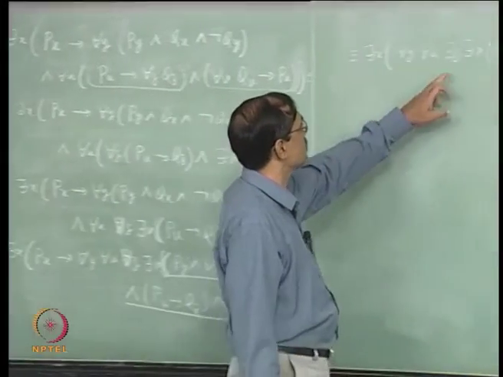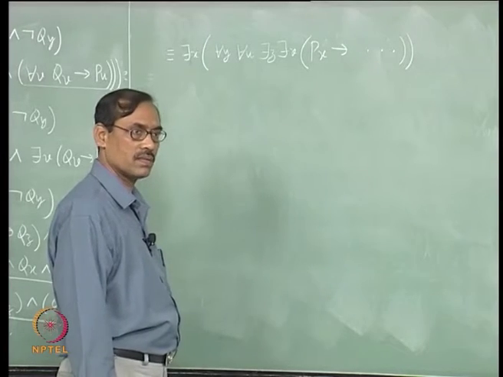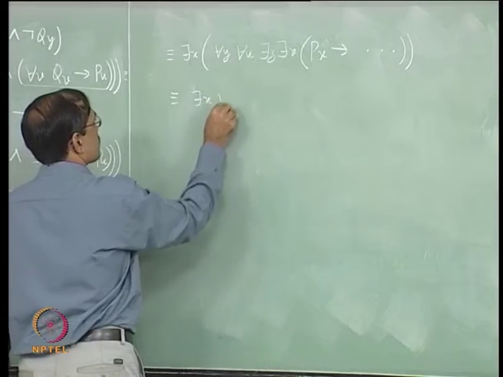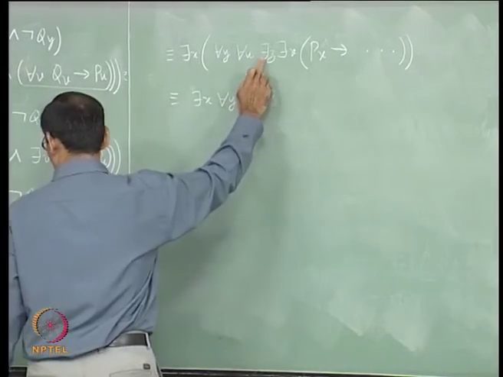Then next what to do? Nothing to do, it is over. Just forget the bracket. So, this was for each z, no?